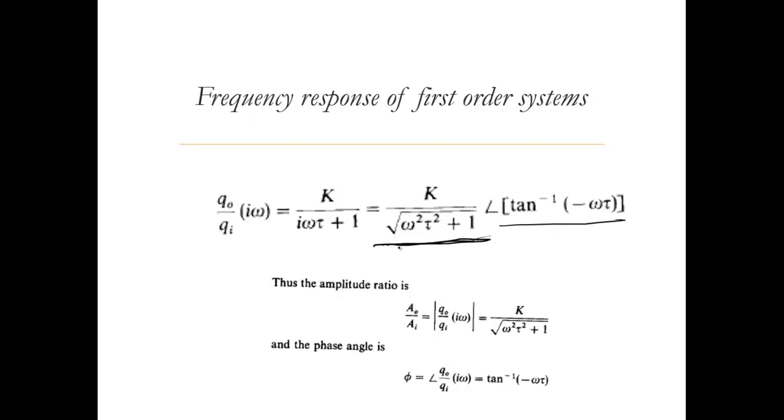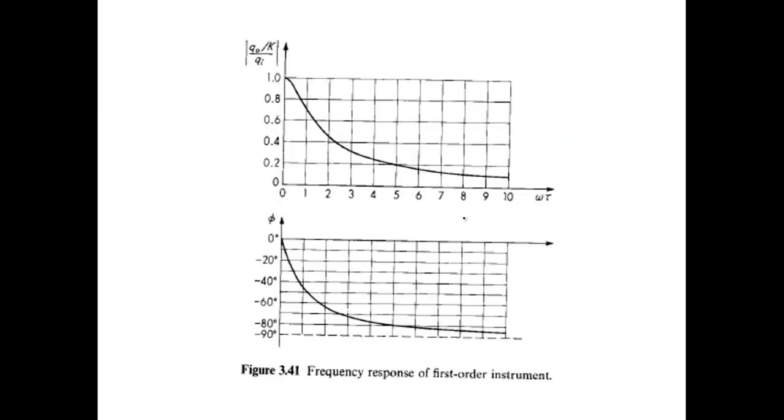So we come up with something like this as an expression that you must have already seen in control systems also. This is how we find out the amplitude ratio, and this is the phase angle, and this is obviously dependent on the frequency. So this is how it looks. So we have the output upon input. This is how it looks at higher frequency and into time constant.